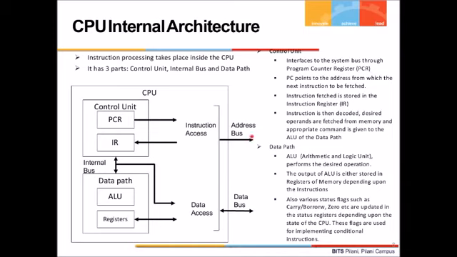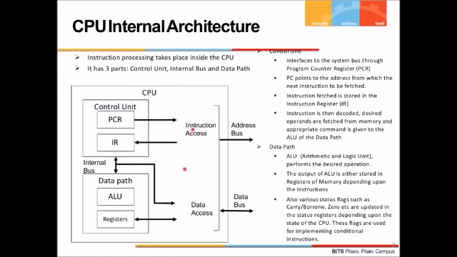Whatever it may be, the instruction is fetched, then it comes to the instruction register. That's why the direction is from the PCR to outside, whereas the direction for the IR is from outside to the instruction register. And here we are sending the address through the address bus. Okay.